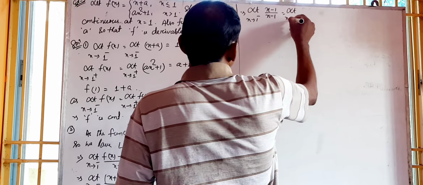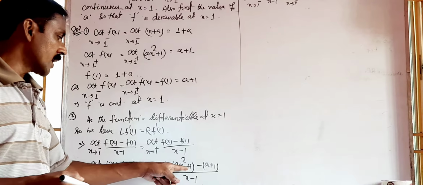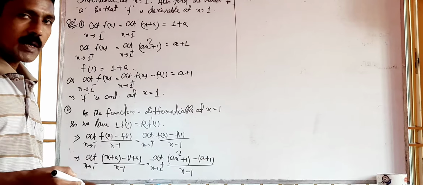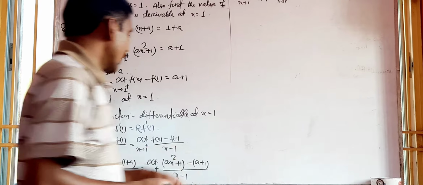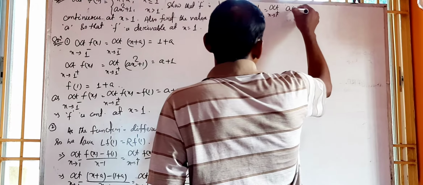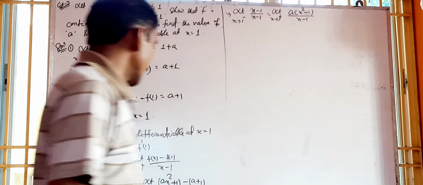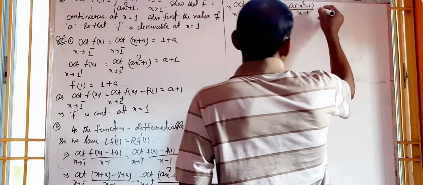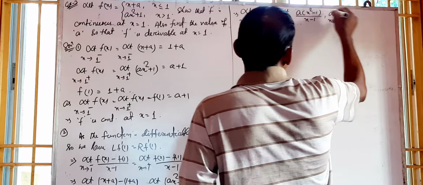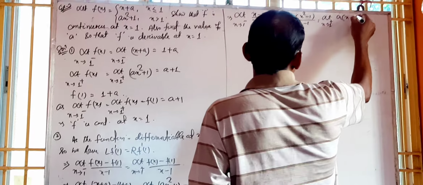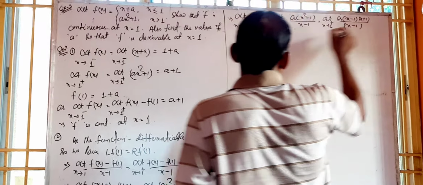On the right side, when we open the bracket, the plus 1 and minus 1 will be cancelled. So it is ax square minus a, so a will be common. It is x square minus 1 by x minus 1. This is limit x tends to 1 plus a into, in the form of a square minus b square, x minus 1 into x plus 1 by x minus 1.